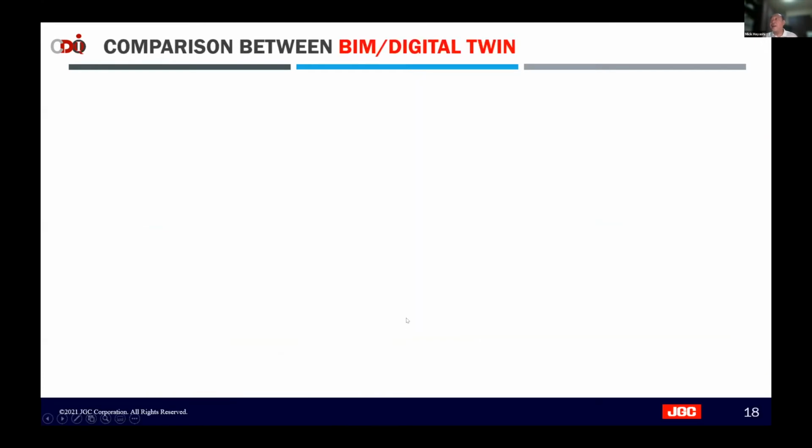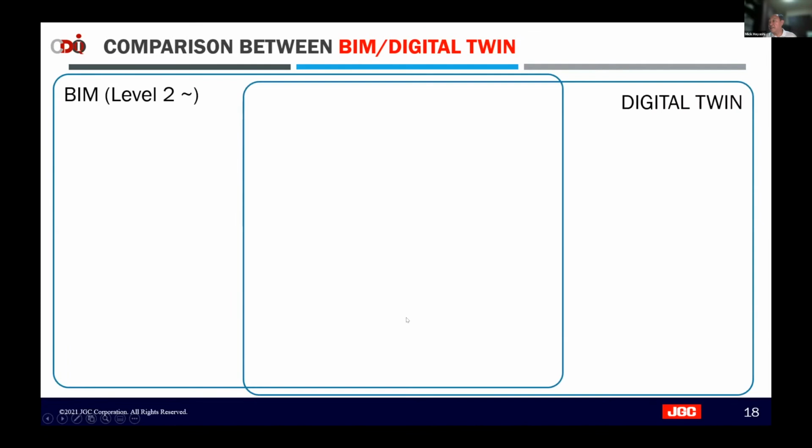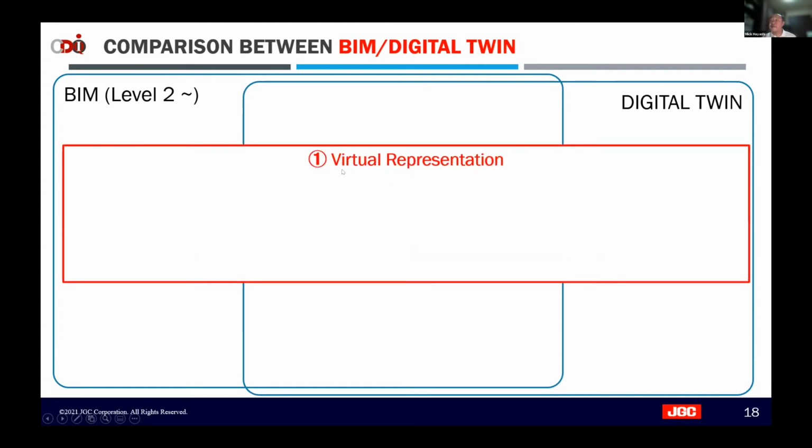Okay, let's compare BIM and digital twin. Focus on level 2. Now level 2 BIM is here, digital twin is here. So we have common characteristics here. First of all, 1, virtual representation.